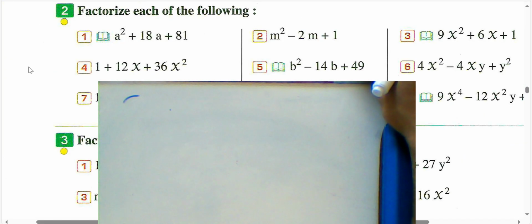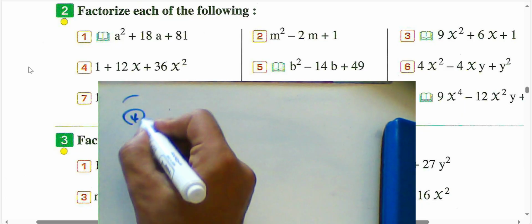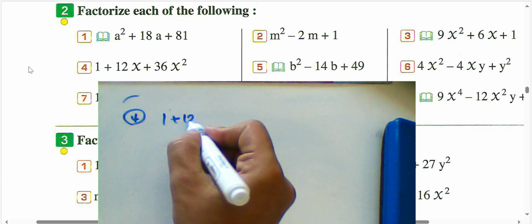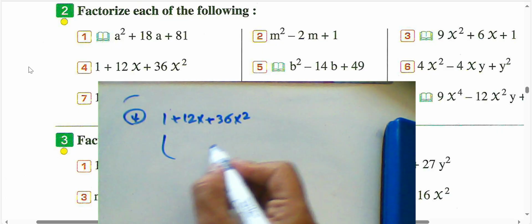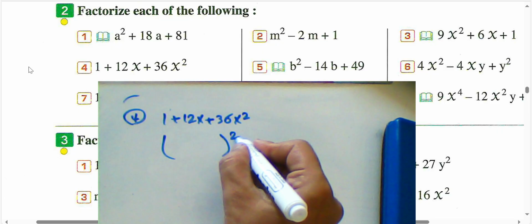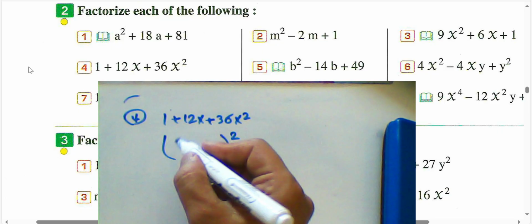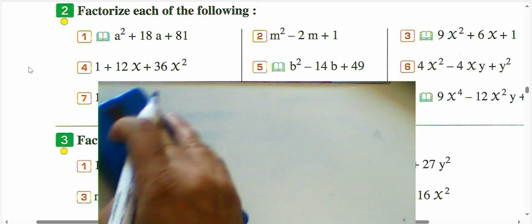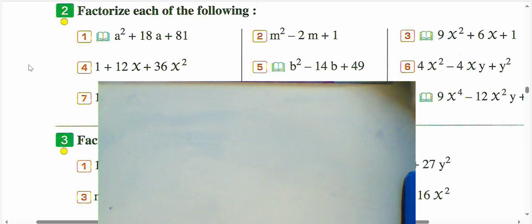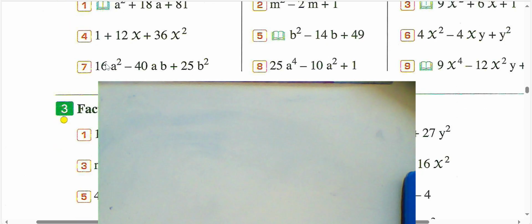Factorize each of the following. Number 4: we have 1 + 12x + 36x², a perfect square expression. We can find the square root of the first and the third and the sign of the middle. Okay, next question.